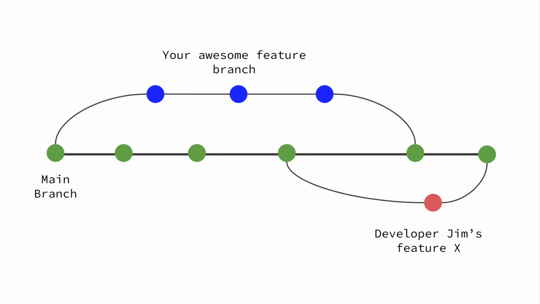So that's going to really prevent a lot of inconsistencies, and it also helps to keep our main version of the code stable. Similarly, other developers like developer Jim, he's going to work on feature X, right? So he's going to branch out from the main branch, work on his feature, and then combine it back into the main branch when he's ready. So Git is really great in the sense that it allows for modular development of the code.